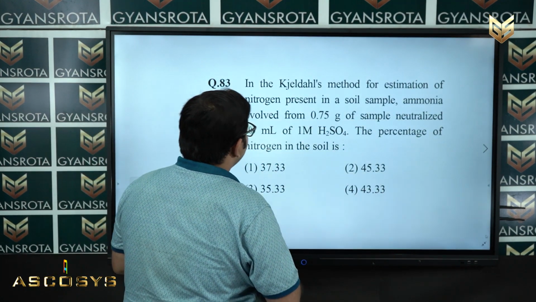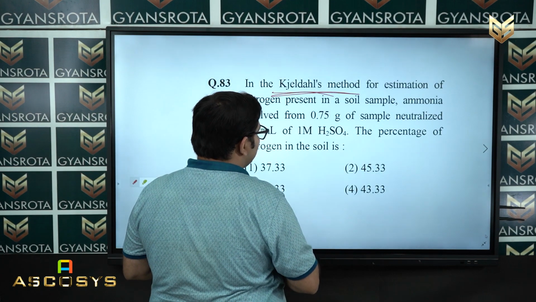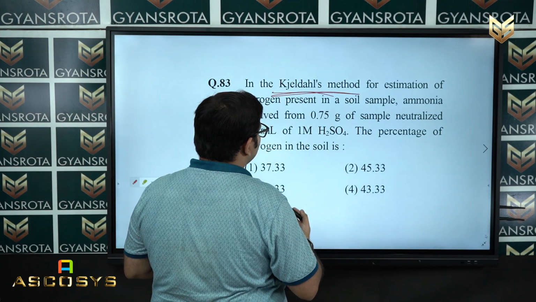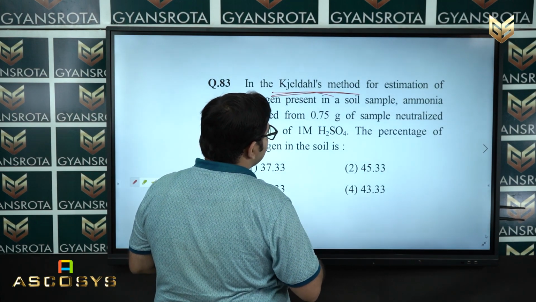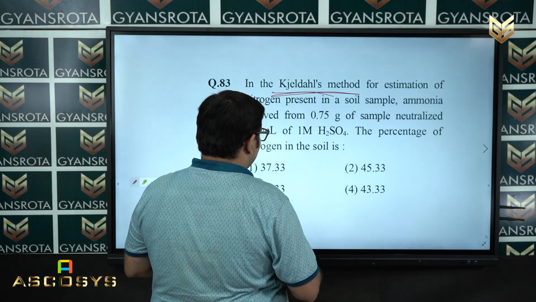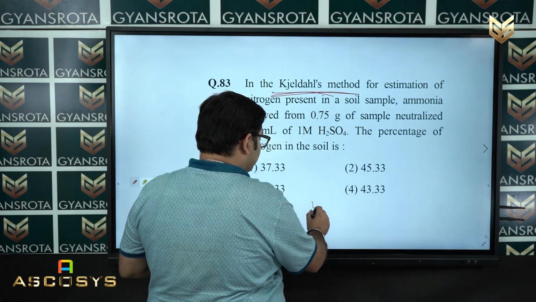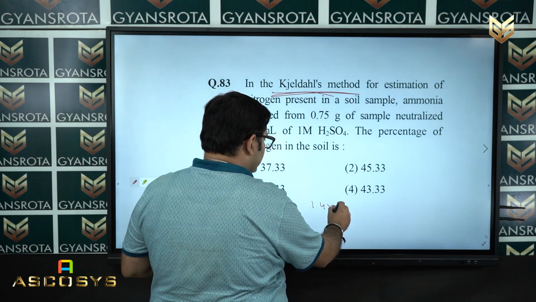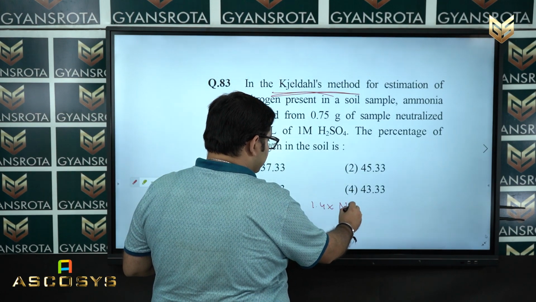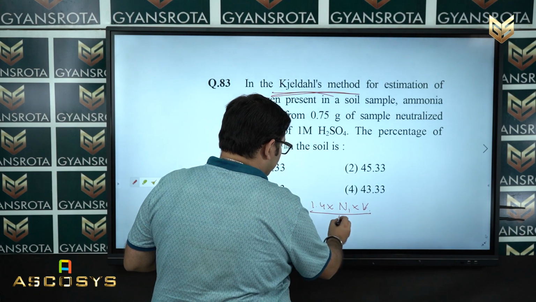In quantitative analysis they mention Kjeldahl's method, and Kjeldahl's method is basically used for nitrogen compounds, not ammonia, it is basically used for nitrogen compounds. Okay. So now if you see, there is a direct formula given, that is 1.4 into N1 V divided by W. Okay.